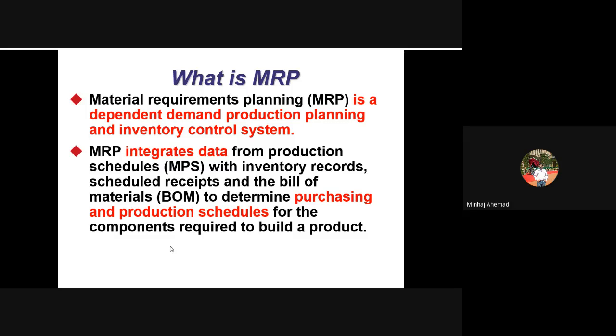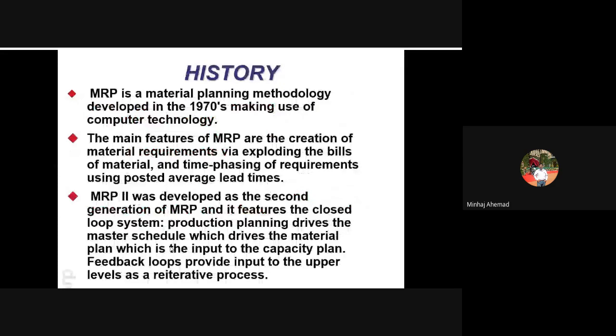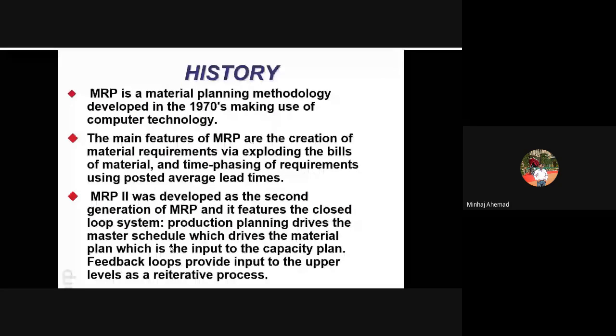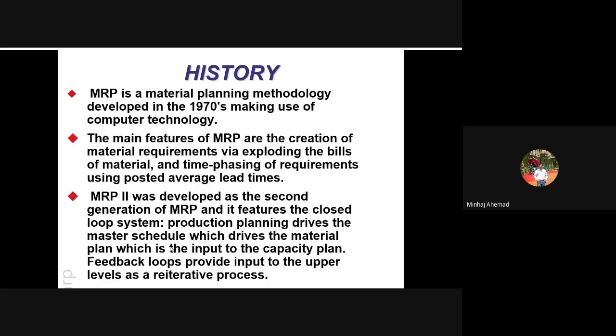So how did it evolve over the years? MRP is a material planning methodology developed in the 1970s, making use of computer technology. The main features of MRP are the creation of material requirements via exploding the bills of material and time phasing of requirements using posted average lead times.